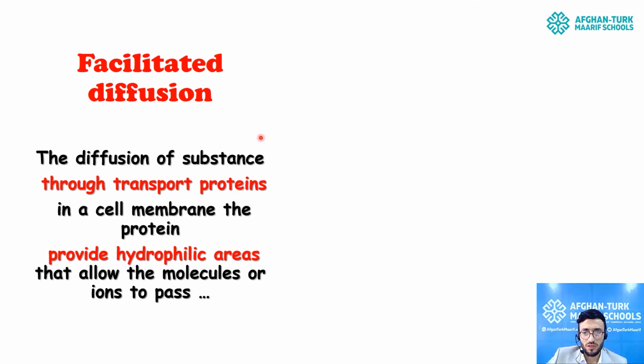It means the diffusion carried out by different types of proteins that are embedded inside the cell membrane. So it is provided by hydrophilic areas that allow the molecules or ions to pass.